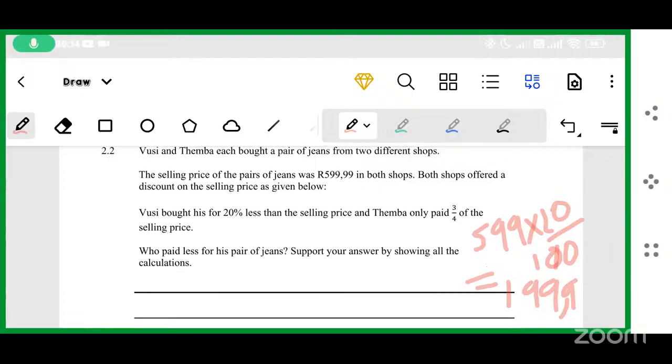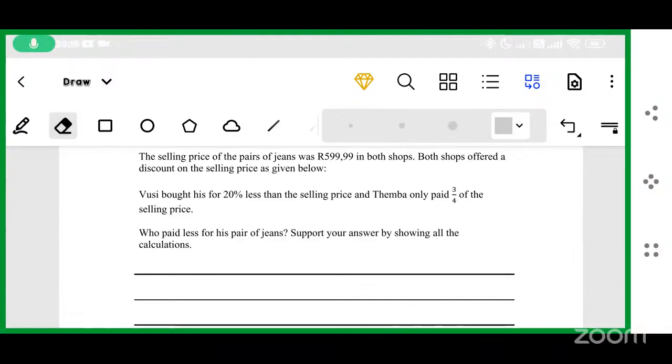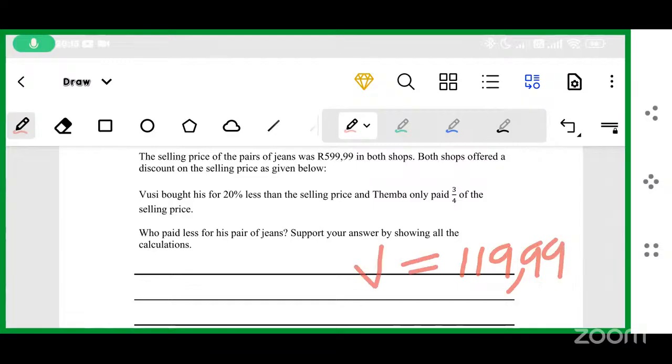Can you repeat? 119.99. Okay, let me remove that part. So it's 119.99. Okay, so it's for Vusi. All right, carry on.